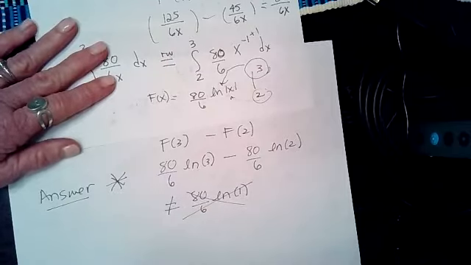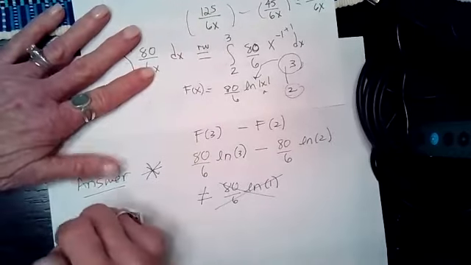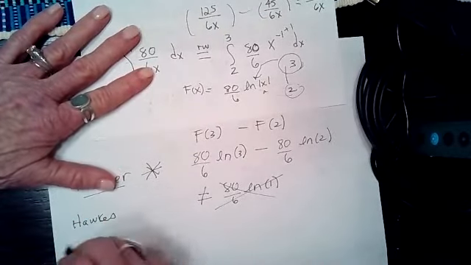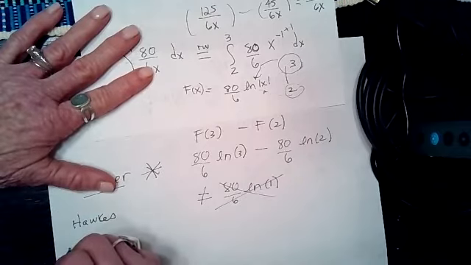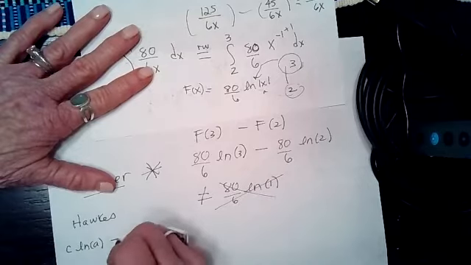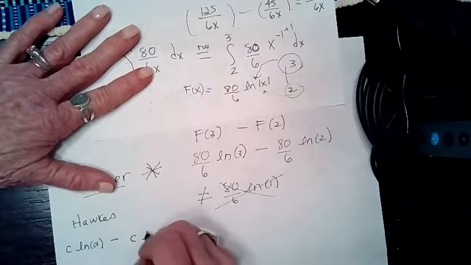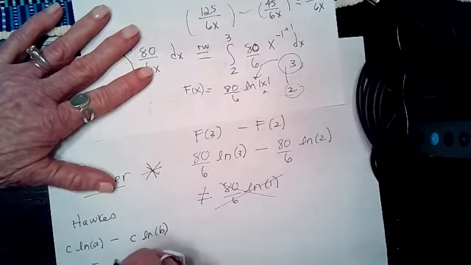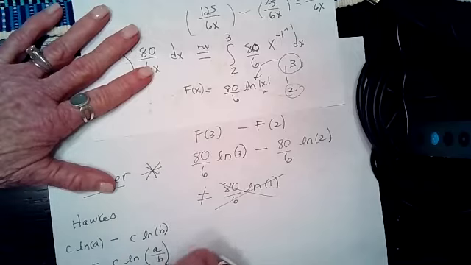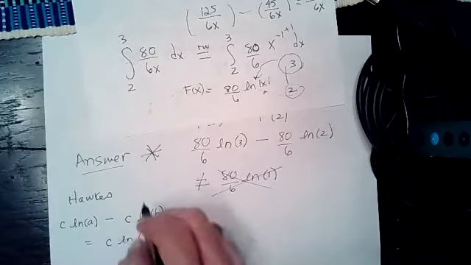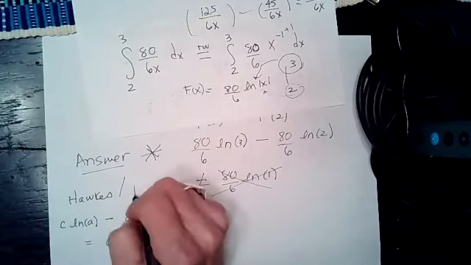But what Hawks is going to do, they're going to use this property of logarithms that says a constant times the ln of a minus the constant times the ln of b is the constant times the ln of a over b. So when they give you their answer, I just want you to know that they're using a property of logarithms.